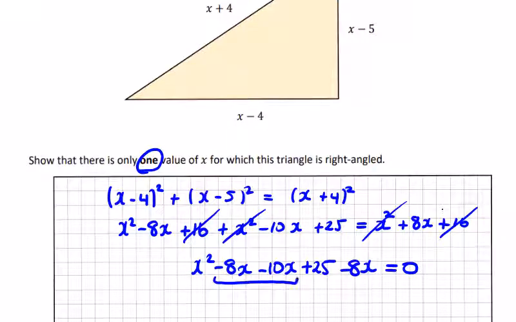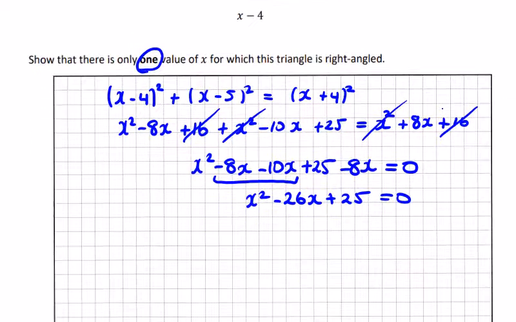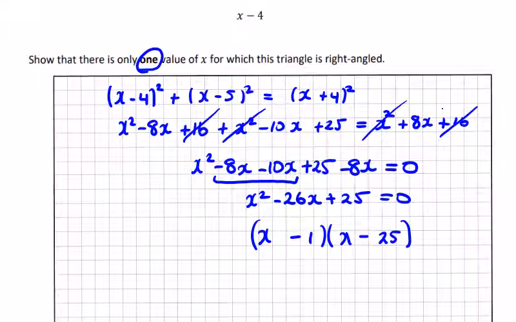So we now have x squared, and we have a 10, an 8, and an 8, minus 26x plus 25 is equal to 0. Factorizing this, it looks like x by x. It has to be a 25 and a 1, and they're both minus to give me a minus in the middle and a plus at the end. So x is either equal to 1 or 25.